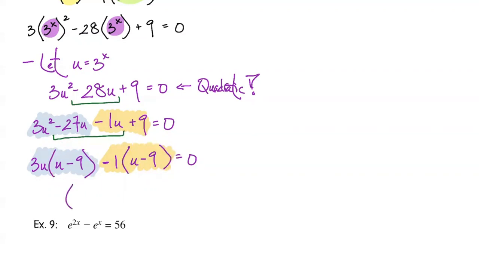So we're going to factor that out. What's left after I pull a u minus 9 from both terms? Exactly. We have the 3u from the gray one and a negative 1 from the yellow one. 3u minus 1.